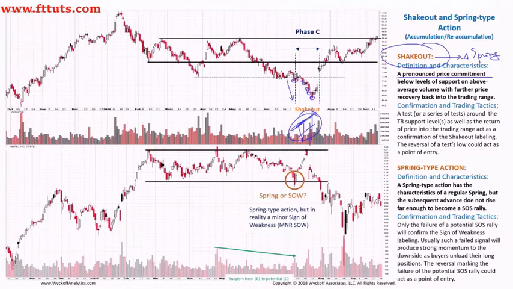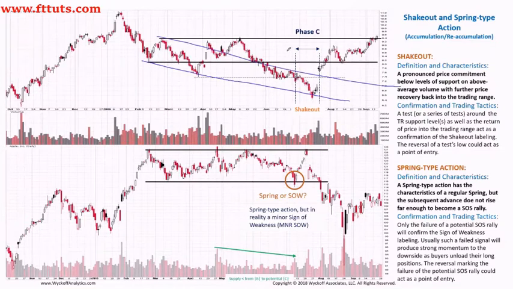The reason the volume signature here is not that significant is because it's actually a downsloping range, and I've used this example in the previous slide. So it acts more as a spring in the downsloping range than a shakeout. But in the horizontal range, you definitely are going to recognize this as a shakeout. And this would be a more conventional way of thinking about this concept and specifically about this trading range formation.